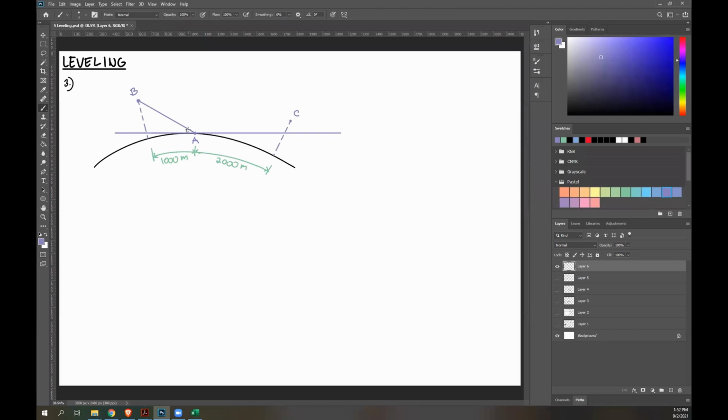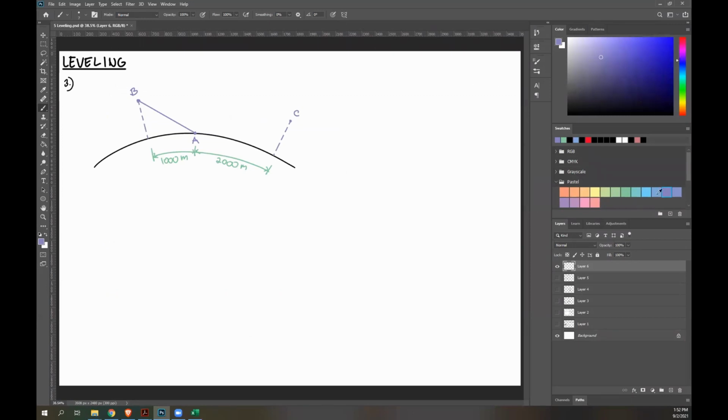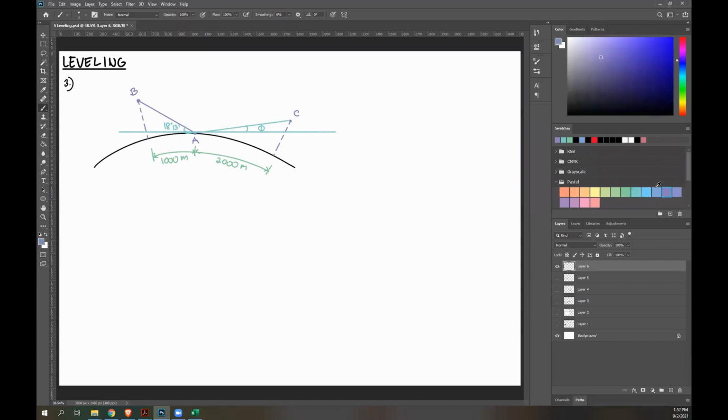So let's use a different color. 18 degrees 13 minutes. And then we're looking for phi, and this is our phi, also taken from the horizontal line.